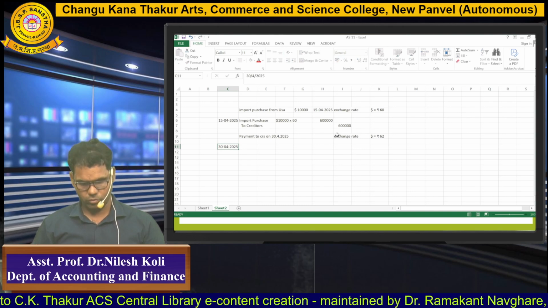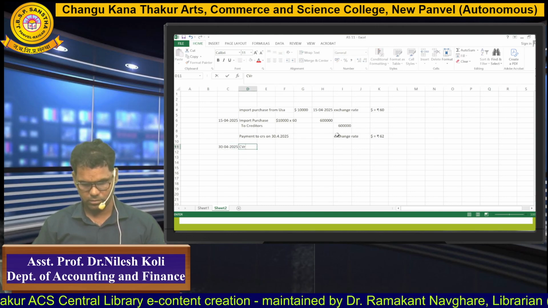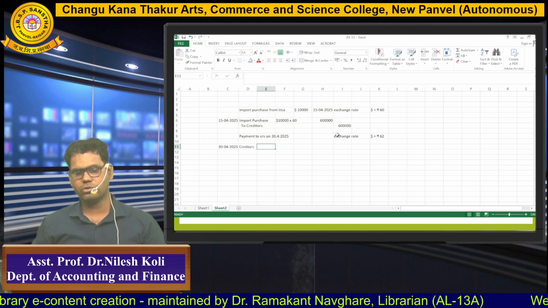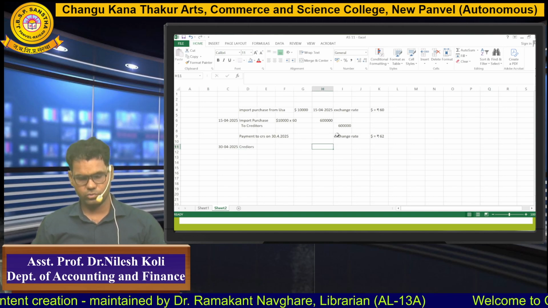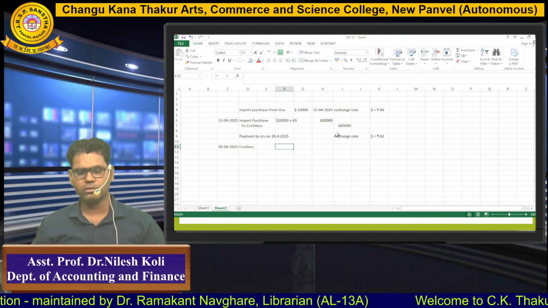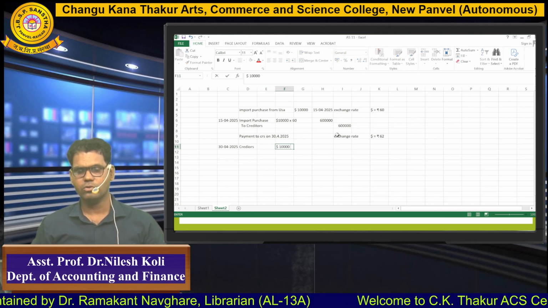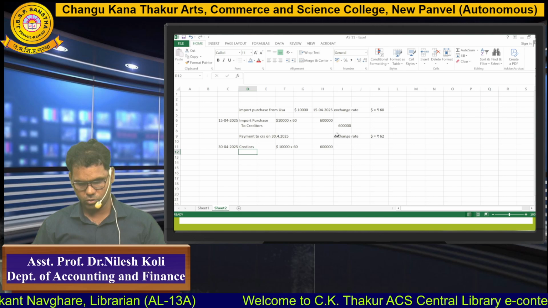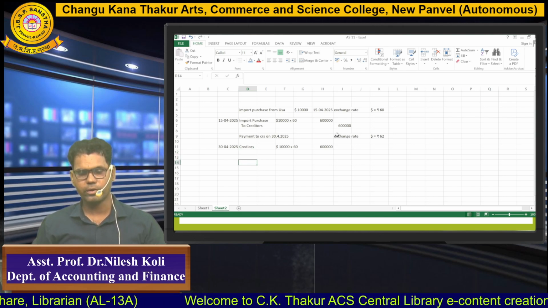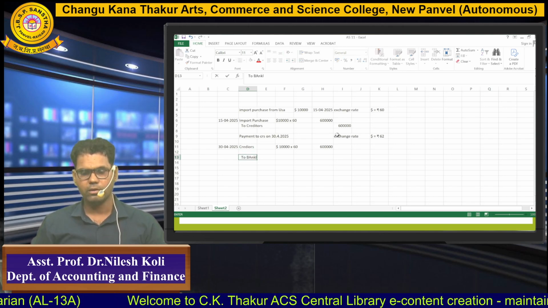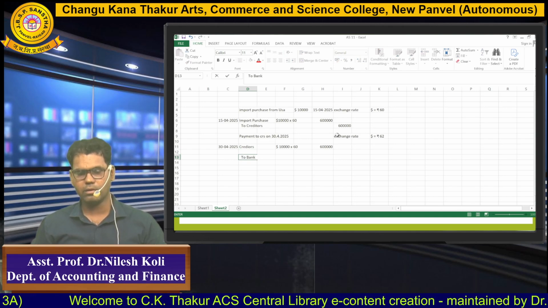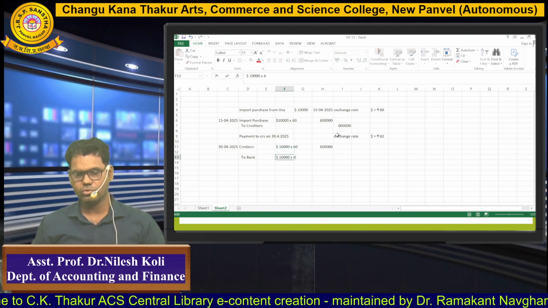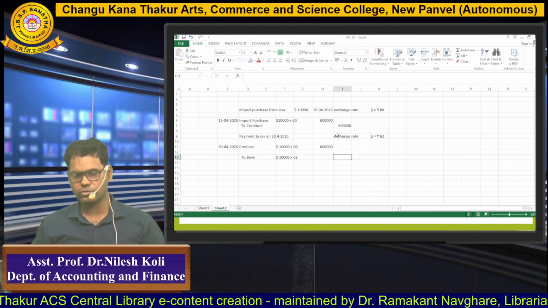We are making the payment to creditors account, debit, $10,000 at the rate of 60, so 10,000 into 60 is 6 lakhs. Now the payment we are making, to bank. When we are making the payment, the exchange rate was 62, so we are making the payment of rupees 6 lakhs 20,000.